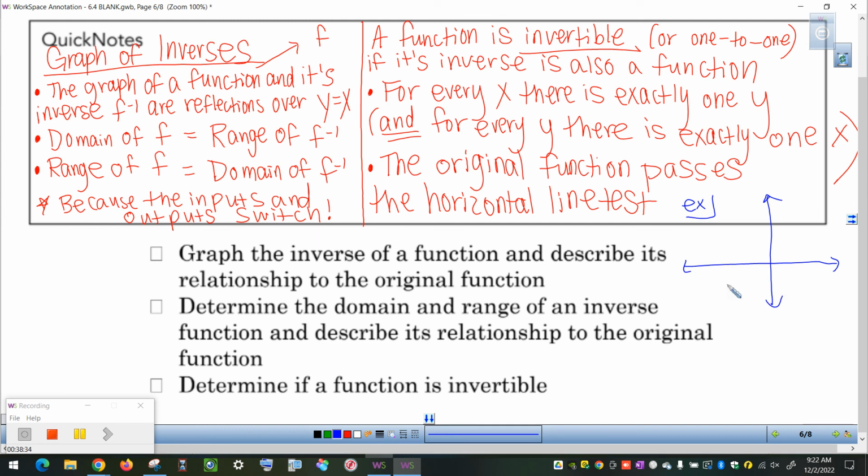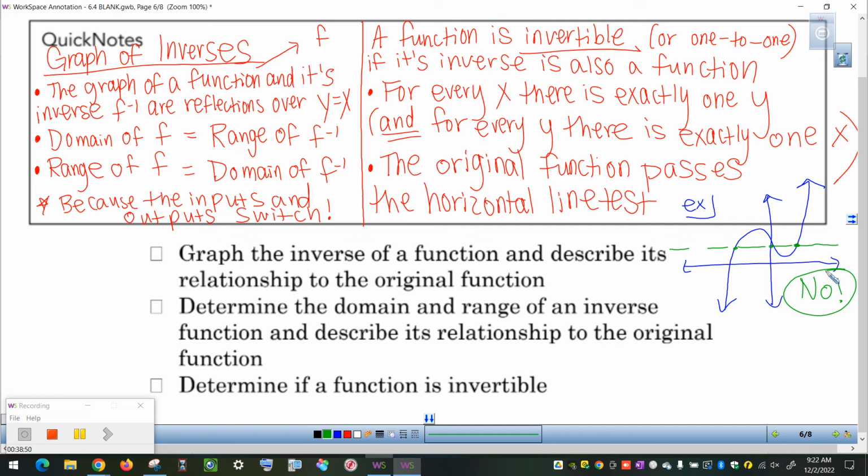So a quick example here, if I had a graph that looked something like this, it kind of has all of these ups and downs and some curves, this one does not work. It is not invertible because it does not pass the horizontal line test. I'm seeing that that line is crossing through like 3 different times.